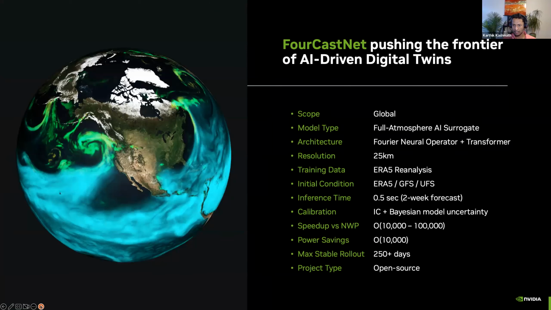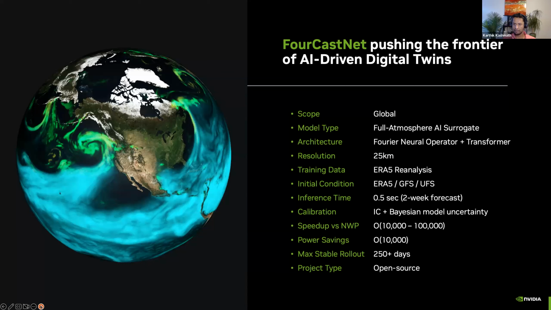On the right are some of the highlights of the model. It's a global model at 25-kilometer resolution. It emulates the entire atmosphere, fully data-driven. As against subgrid scale models that are emulating different types of processes, this is a unified model that emulates the entire atmospheric dynamics in a single shot.